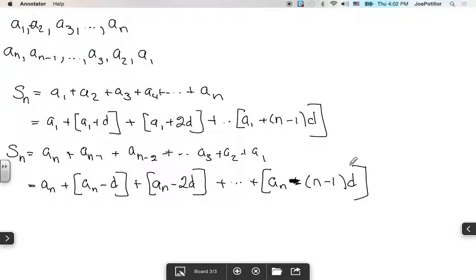Now that I know that, I can add equation 1 and equation 2. So I can add these hideous, ugly things. If you're noticing, what happens when you add, the common difference goes away. Everything involving the common difference goes away. And then all you end up with in these situations is A sub 1 plus A sub n, because the common difference is gone.